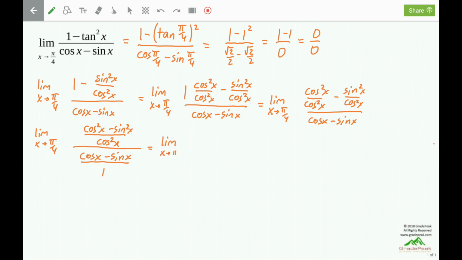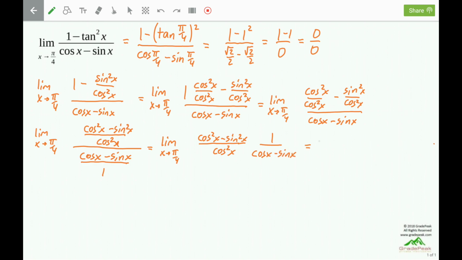Limit as x goes to pi over 4 of cos squared x minus sine squared x divided by the cosine squared of x, and then multiplied with the reciprocal, 1 over the cosine of x minus the sine of x.